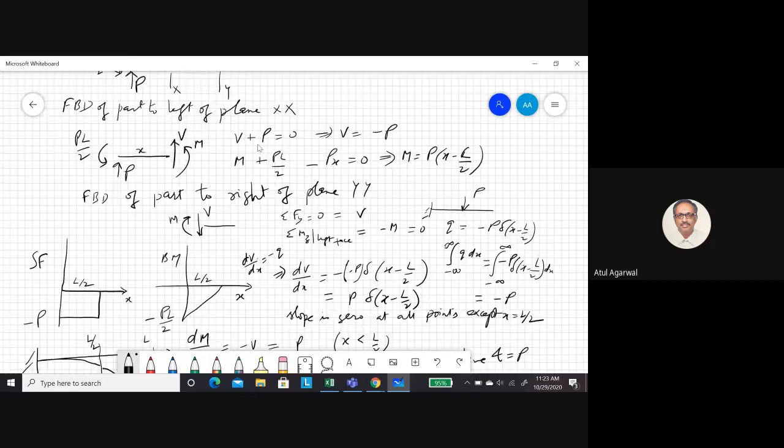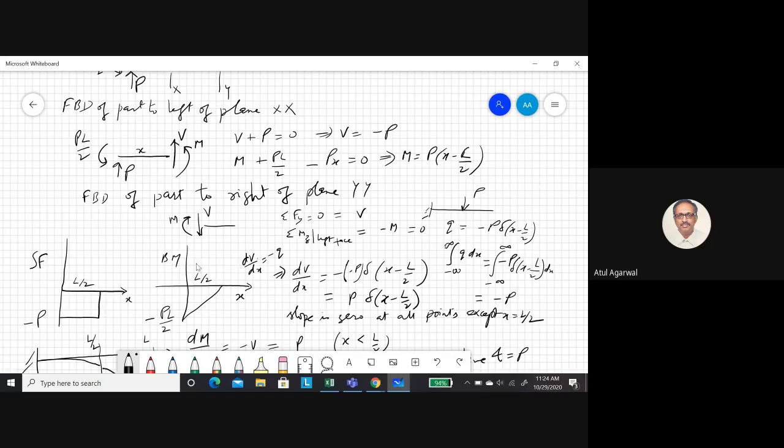And if you look at this, you see at x is equal to L by 2, your moment is coming 0, which is matching with this. Shear force has a discontinuity at x is equal to L by 2.